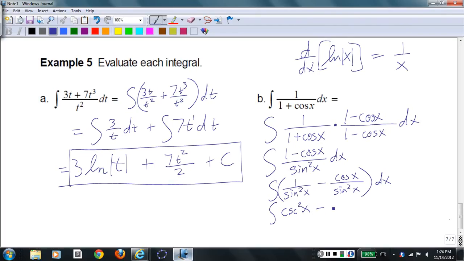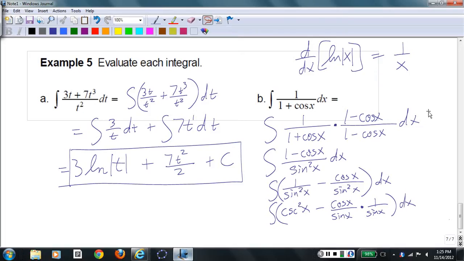And for this other one, cosine x over sine squared x, could that be written as cosine x over sine x times 1 over sine x? Does that help? Cotangent is negative cosecant squared. I think this could work.